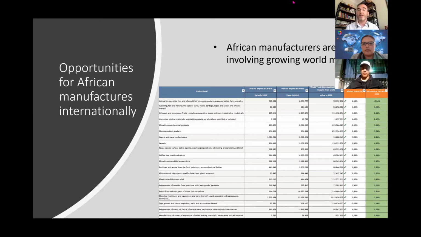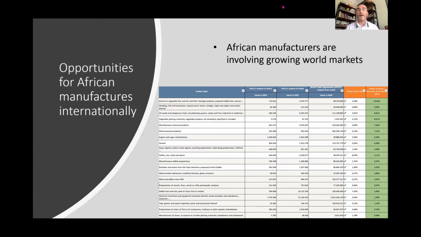So after very good analysis and very good preparation, African manufacturers can grow their markets in these sectors. I will just give some examples regarding this chart. For example, sugars and sugar confectionery.